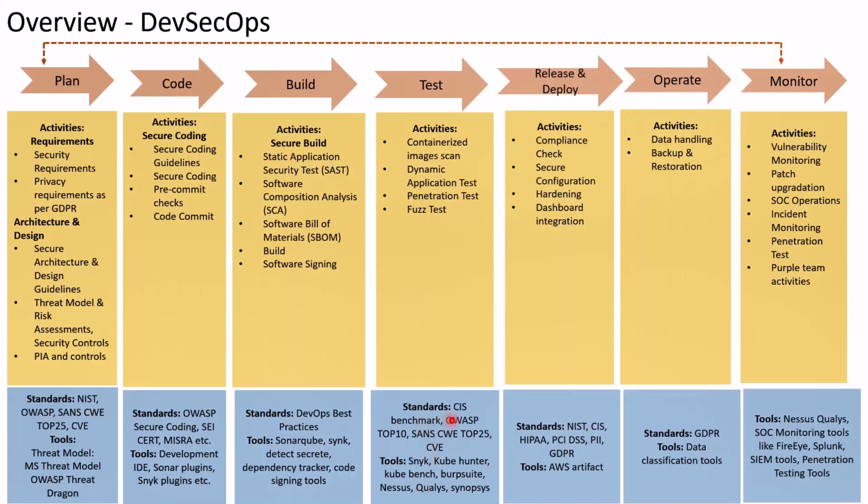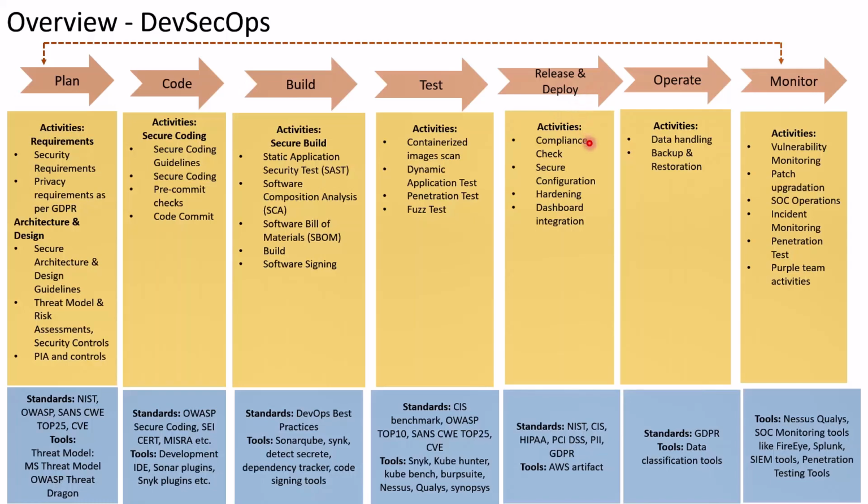Again, for security standards, CIS benchmark, OWASP Top 10, SANS CWE, CVE, these standards we can follow. And the tools like Snyk, KubeHunter, KubeBench, KubeAudit, Burp Suite, Nessus, Qualys, Synopsys, they have multiple types of tools here. We can use the tools and execute the activities.